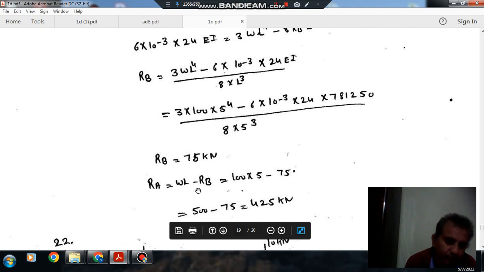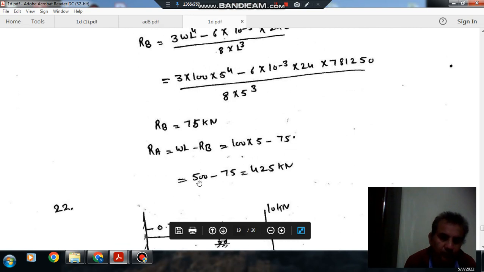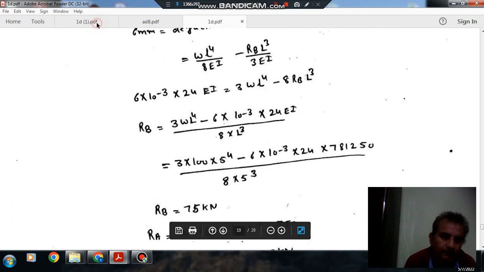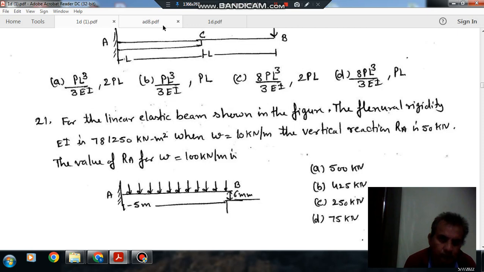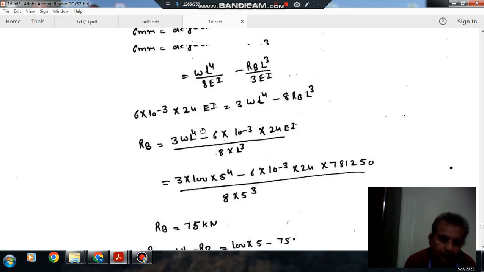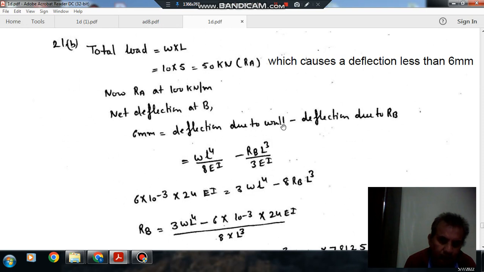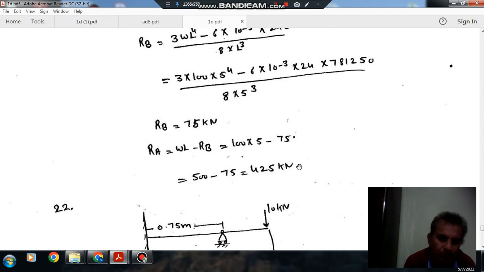Total vertical upward load is RA plus RB, and total downward load is wL, which is 100 into 5, that is 500. So RA is 500 minus 75, that is 425 kilonewton. The answer is option B. That is the deflection due to the uniformly distributed load minus the deflection due to RB.